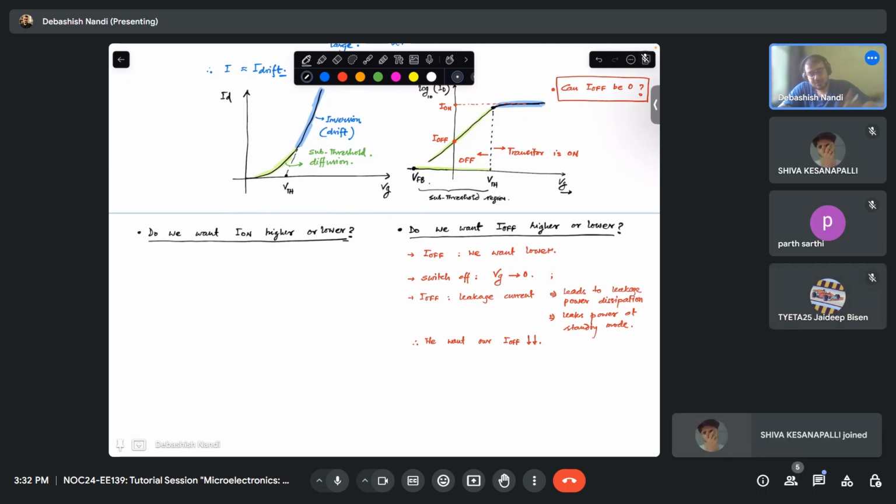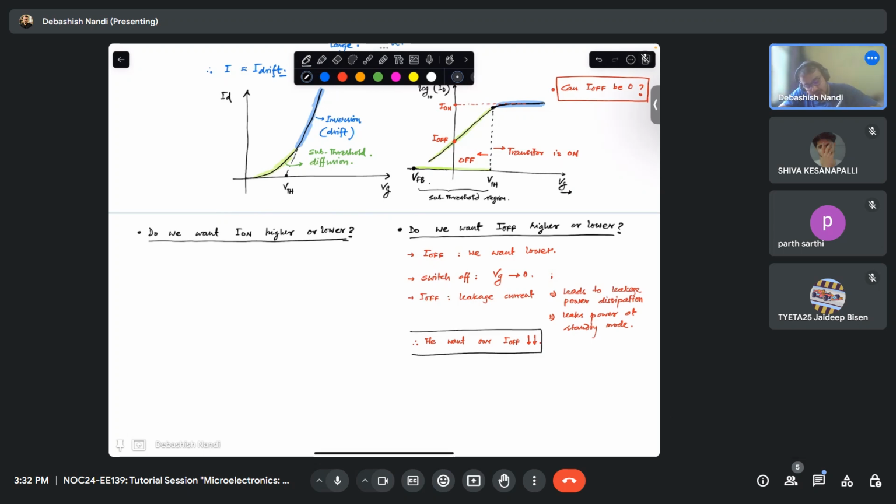Fine. So we want our Ioff to be lower, because we want to reduce our leakage or standby power dissipation, so that the battery lasts longer. But what about Ion? Do we want Ion higher or lower?